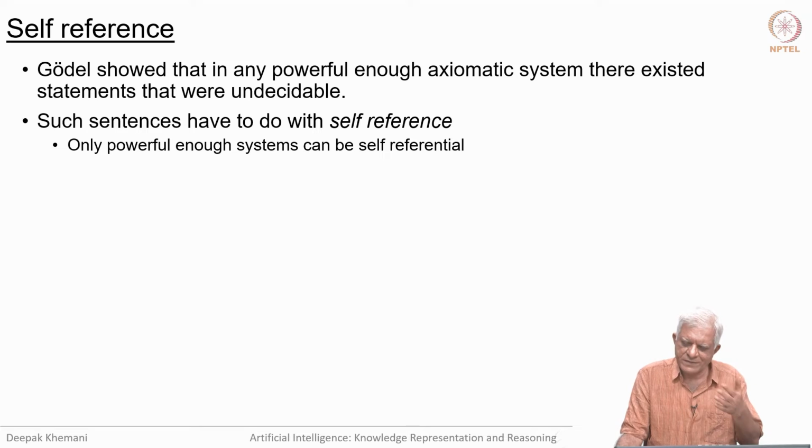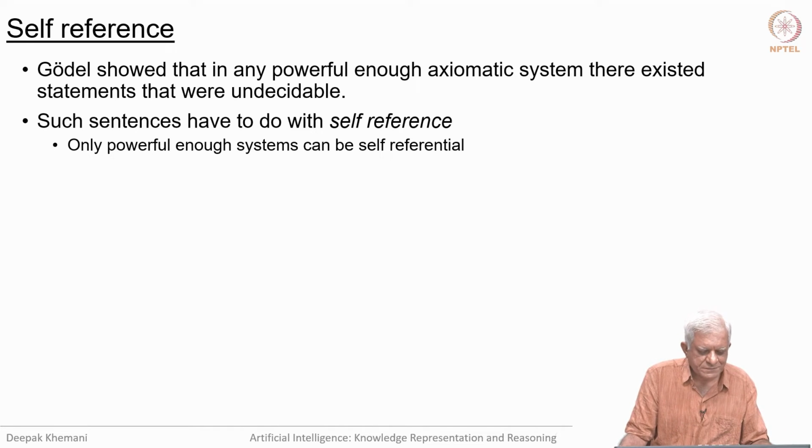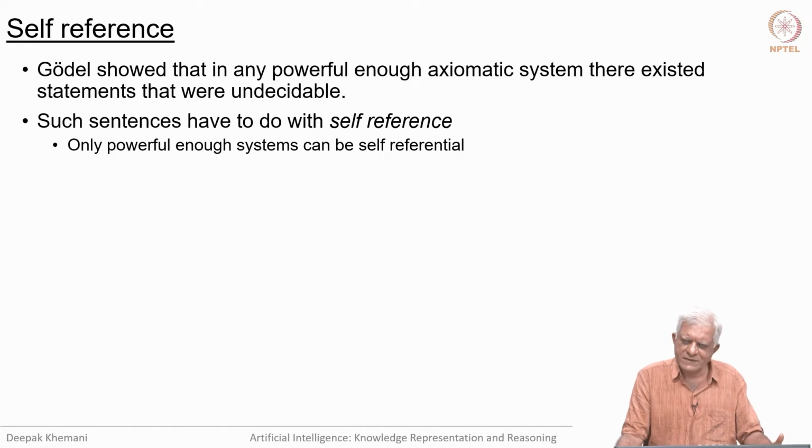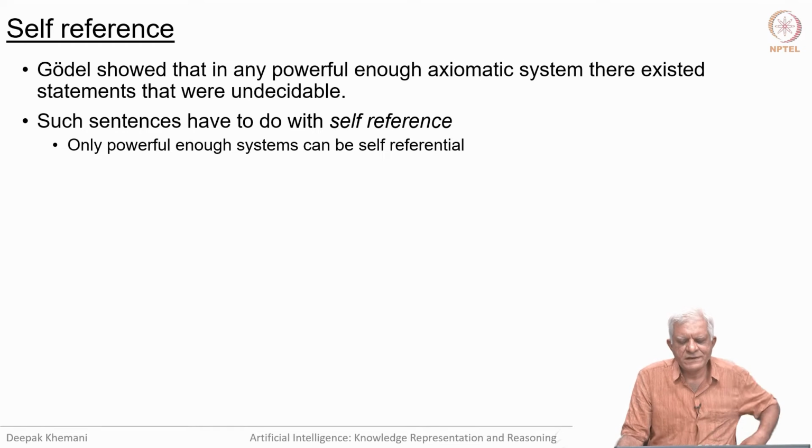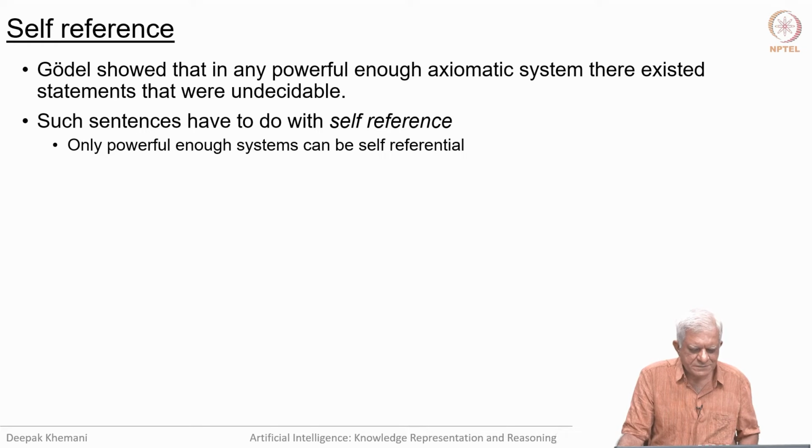Give him any powerful enough axiomatic system, and Gödel will show you how to construct the sentence which is undecidable, for which you cannot either show that it is true or that it is false. These sentences have to do with self-reference. That is why they are powerful enough. In less expressive languages, you cannot talk about self-reference essentially.